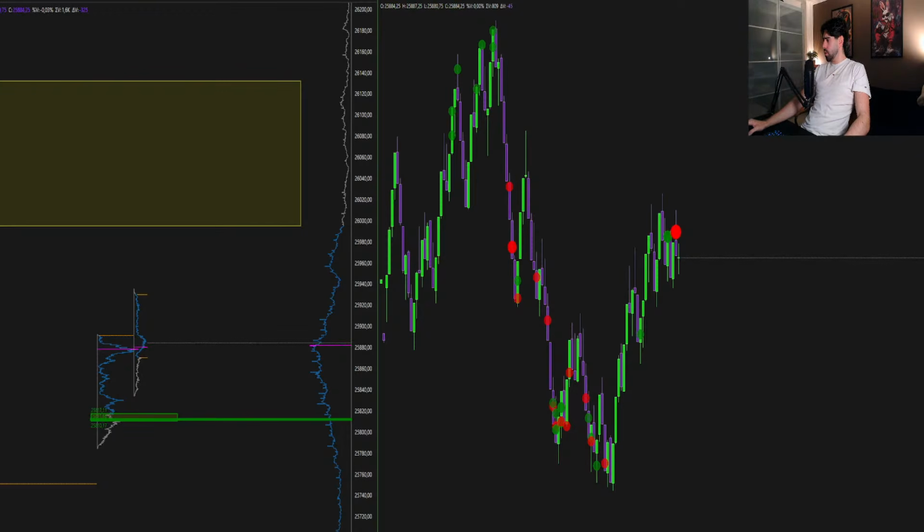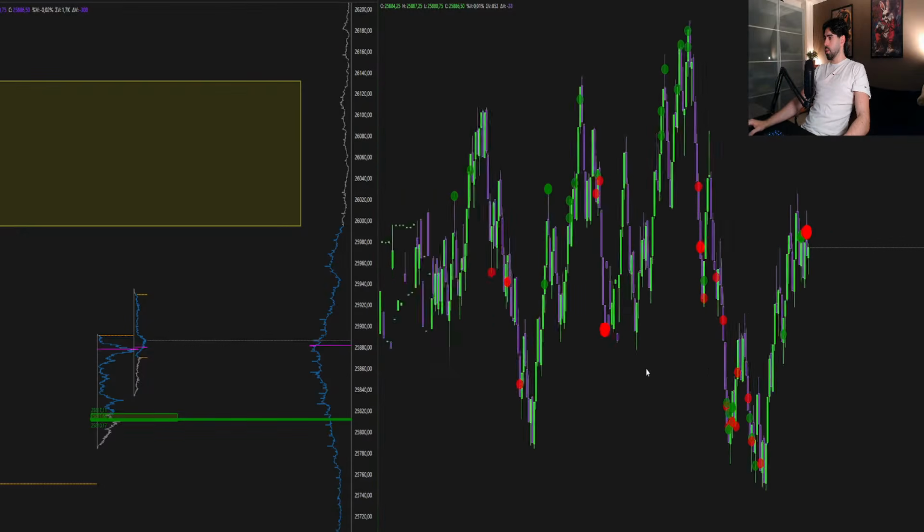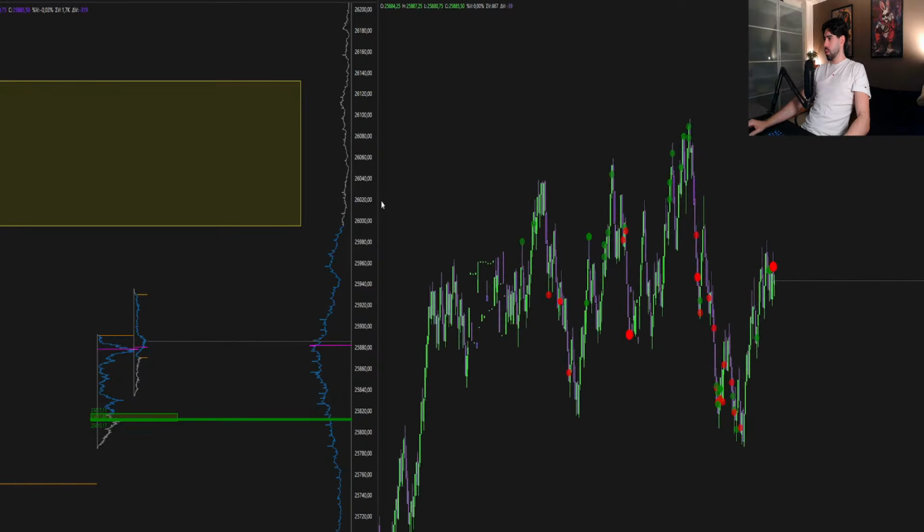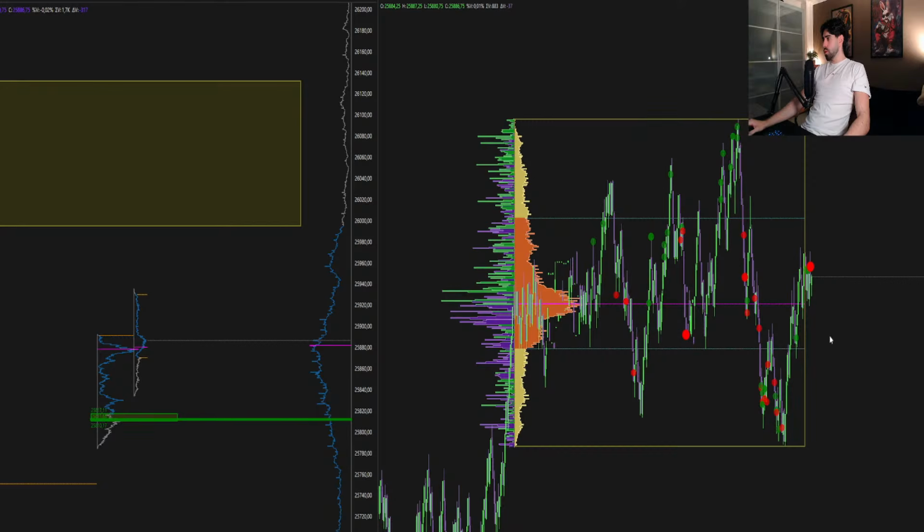Can it work on TradingView? No. TradingView uses tick data, not real volume. So if you would plot this on TradingView, say you take this profile, this one shows real volume, so where executions are taking place and so on. TradingView would just plot it as a market profile.